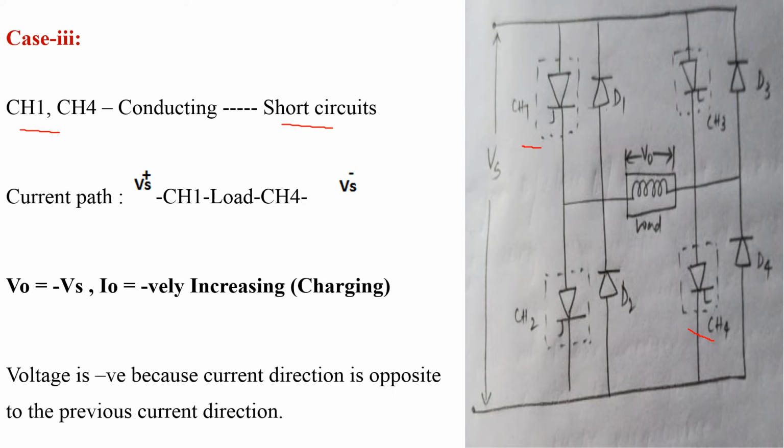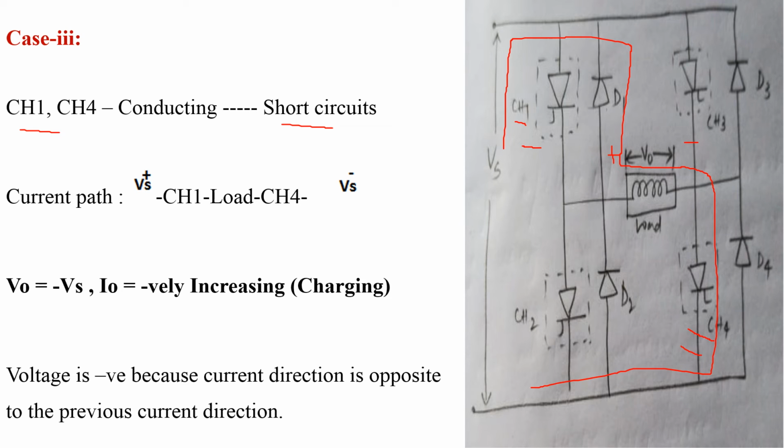Due to the conduction of CH1 and CH4, there is a path for current from source to load, from Vs plus, CH1, load, CH4 and Vs minus. So the total input voltage appears across the load, and the inductor starts charging with the polarities of positive and negative.